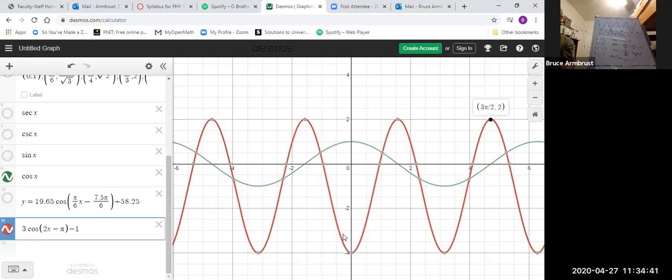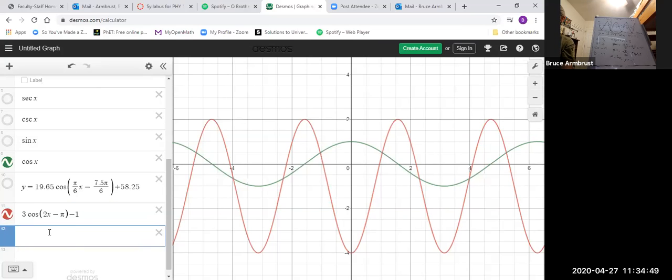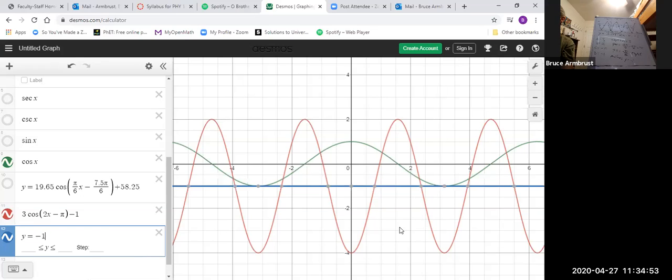Now, in terms of the midline, we don't really see the midline here. But if I were to graph, let me real quick graph y equals minus 1. So there's our midline. And now you can actually see where those points are. So here's that point, pi over 4, negative 1.